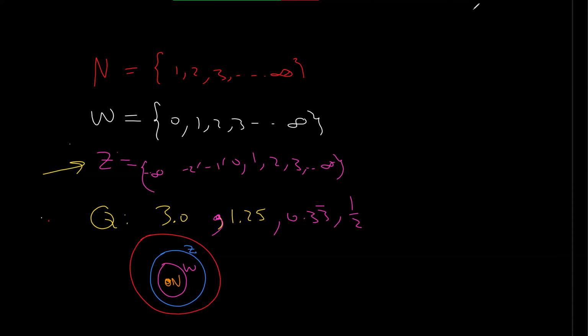It is the quotient, Q, rational numbers. So as you see, natural numbers are part of whole numbers, whole numbers are part of integers, and integers are part of Q, which is rational numbers. Okay, now what are the numbers that are irrational?